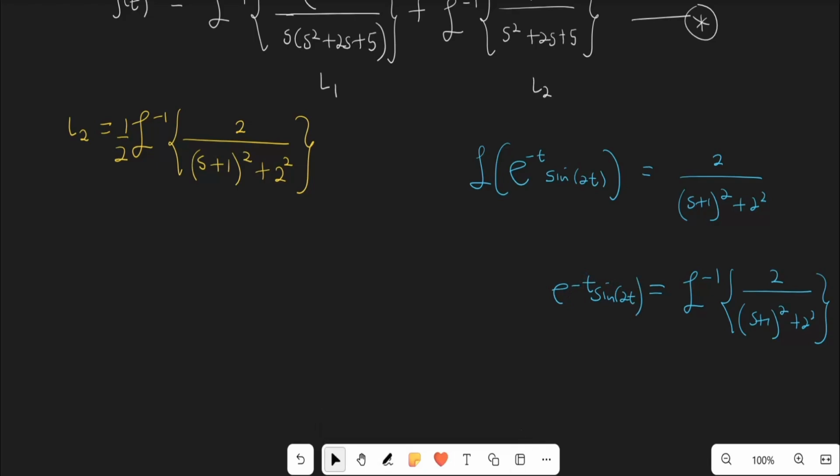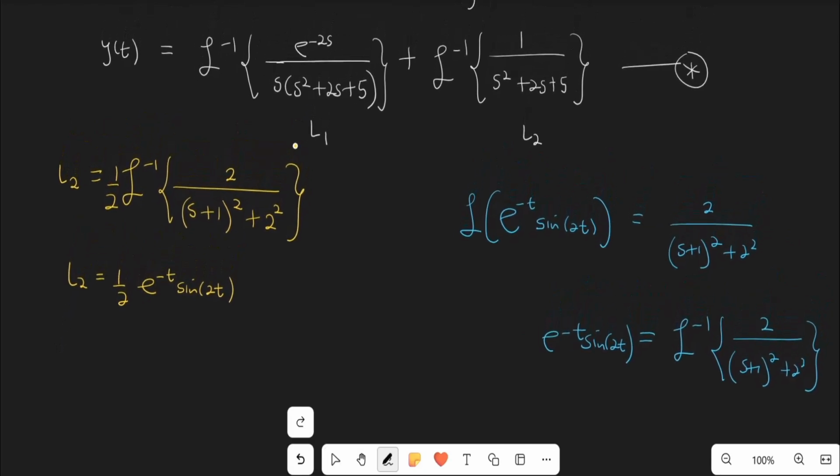So L2 here is 1/2 e to the negative t multiplied by sine of 2t. Cool. This is the first shifting theorem of the Laplace transform. All right, so we have gotten L2.